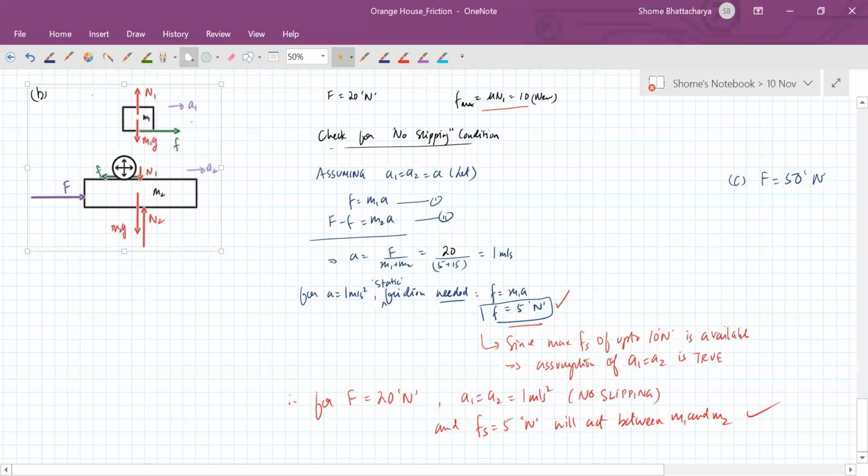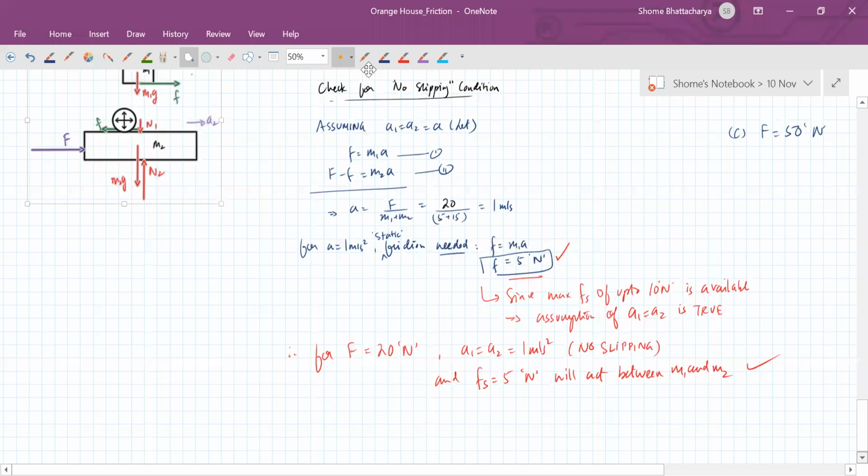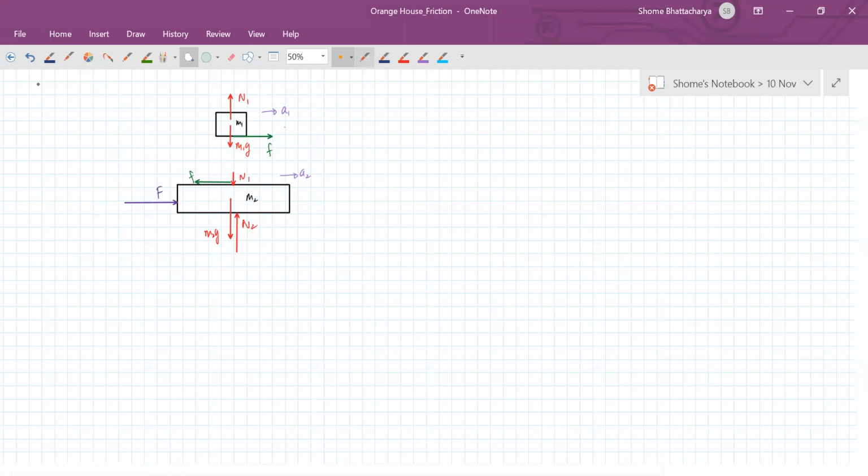But this time when you check out how much friction is required, you will see it will exceed 10 newtons. So that means that much friction is not available to you. So that means the assumption that there is no slipping is incorrect, which means that there is slipping.